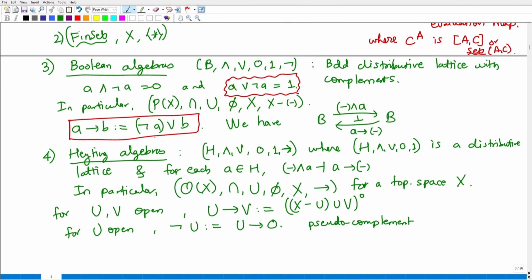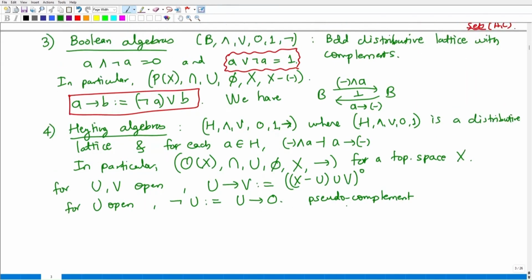We have to take the complement of A union B. So we just did that, complement of U union V, but we took its interior. Then only we can get an open set. In general, the complement of an open set is closed. It need not be open. Yeah, so that's why. So Heyting algebras are also important.